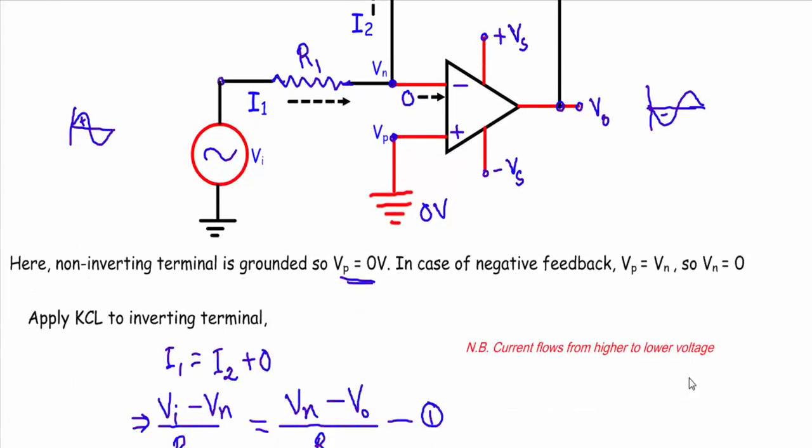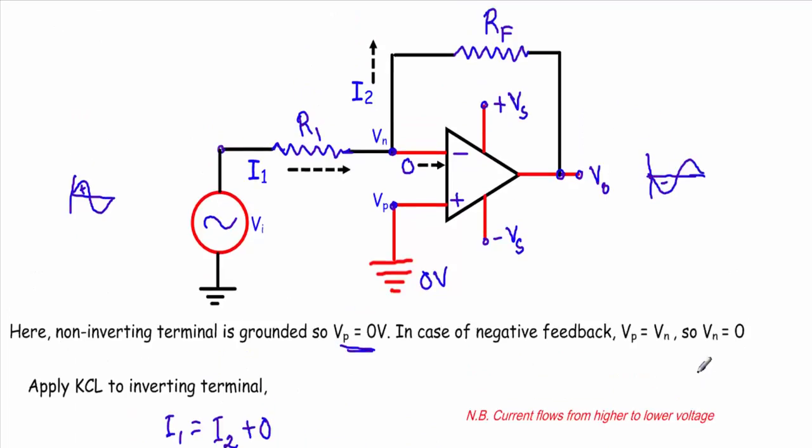Now let's say the current flowing through R1 in this direction is I1, and the current flowing in this direction is I2. As an operational amplifier has very high input resistance, the current through this terminal will be 0 ampere.